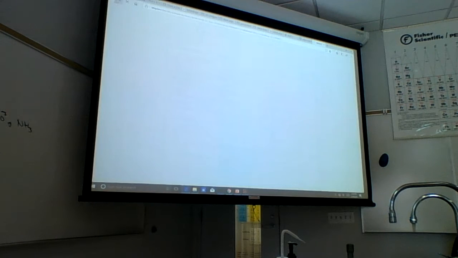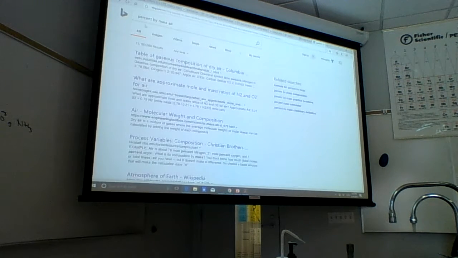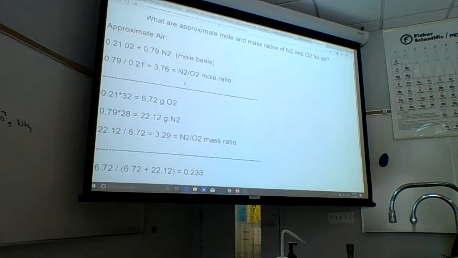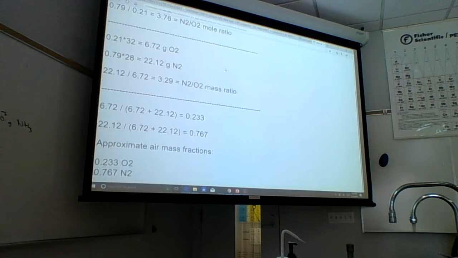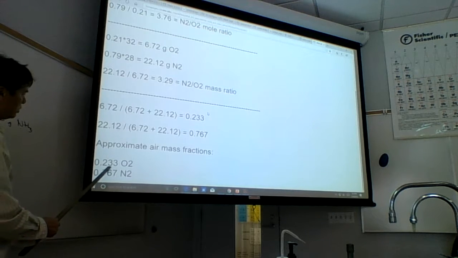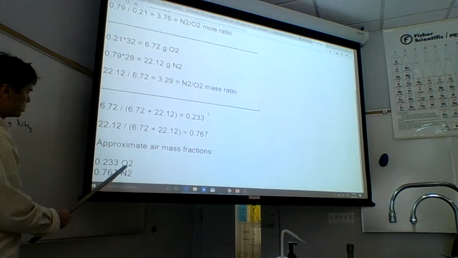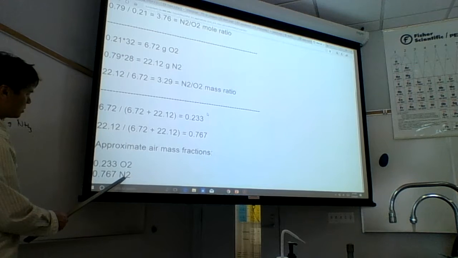But I wanted percent by mass. I didn't want percent by mole, so I searched percent by mass of air. That was the first link. Let's hit the second one. There are mole and mass ratios. Okay, here we go. These are what we call mass fractions. These are over 1. So this would be 23.3% oxygen by mass, 76.7% nitrogen by mass.